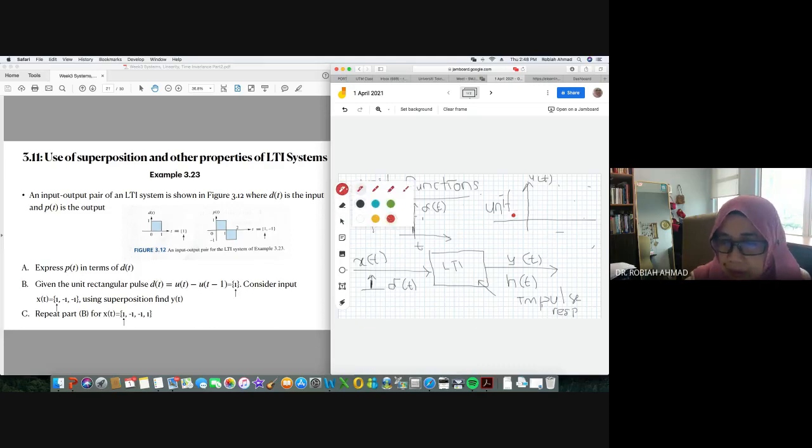Using red. So red. This is unit, the red one refer to the unit.